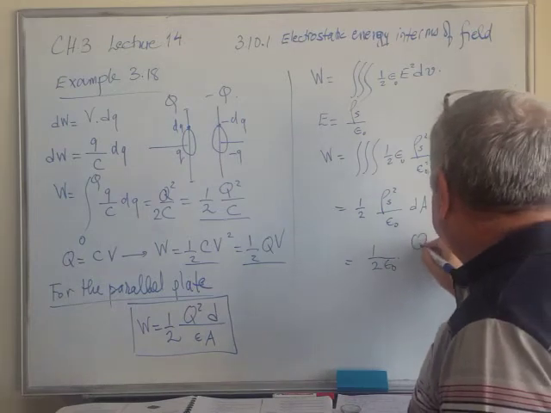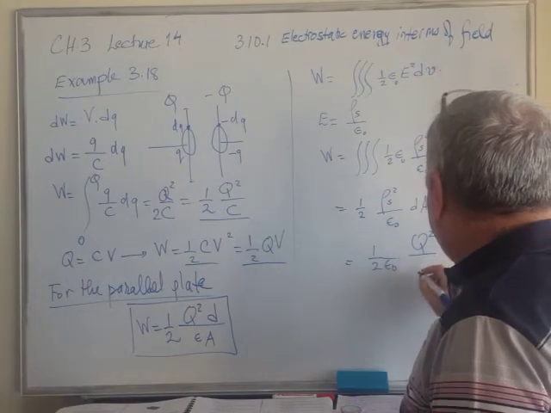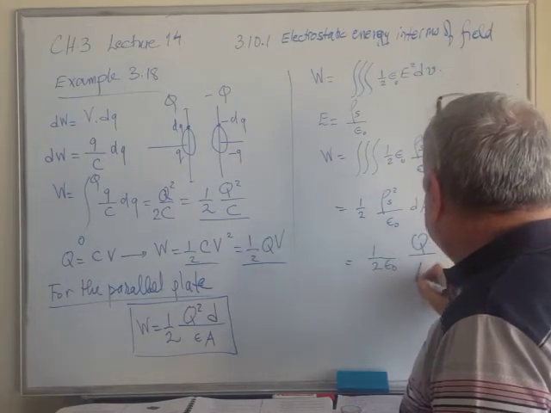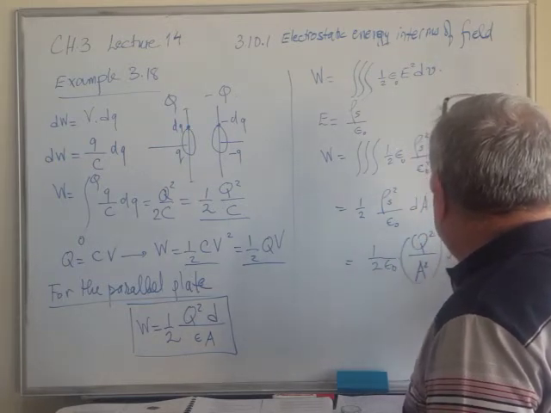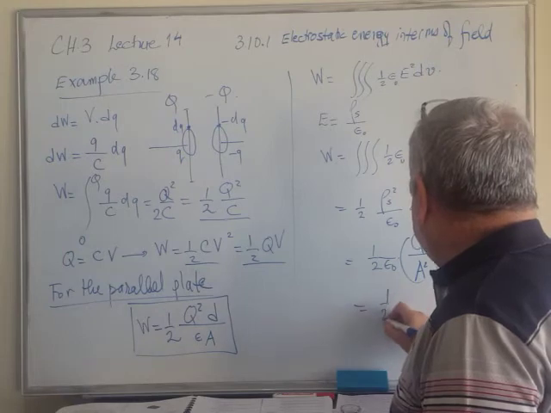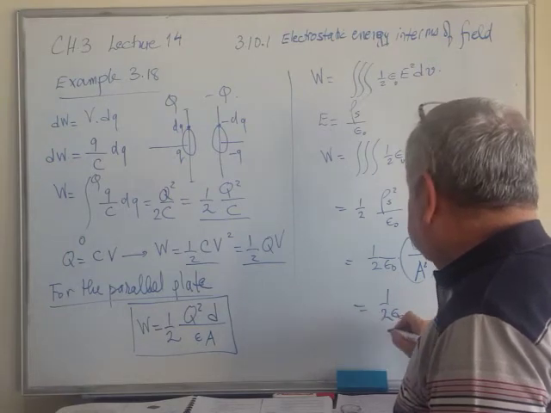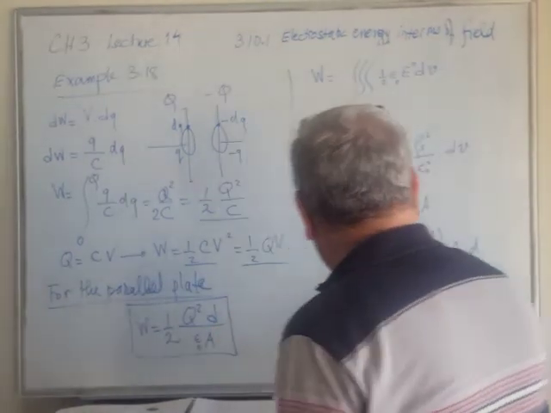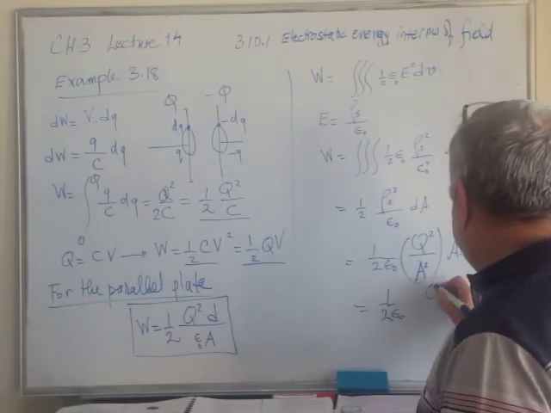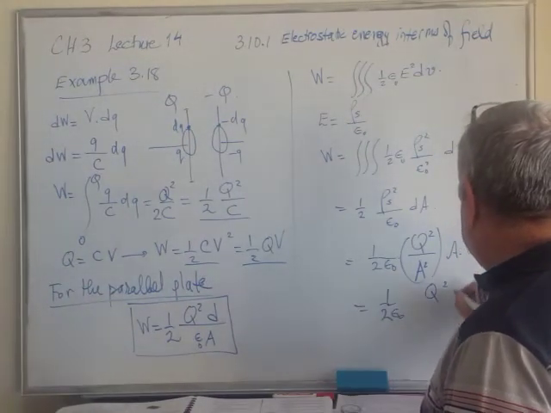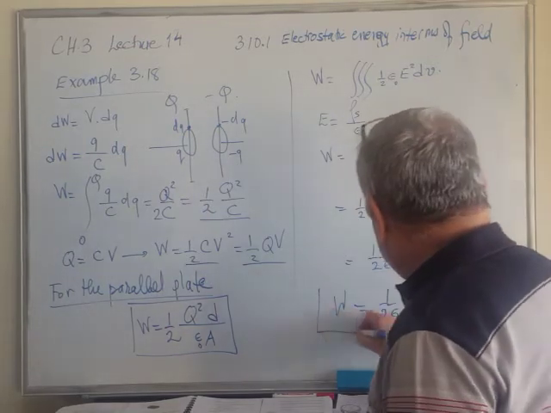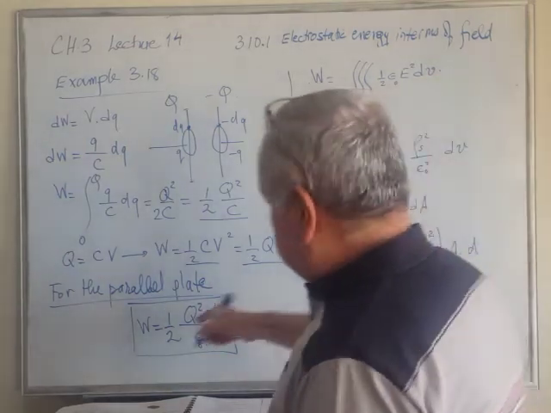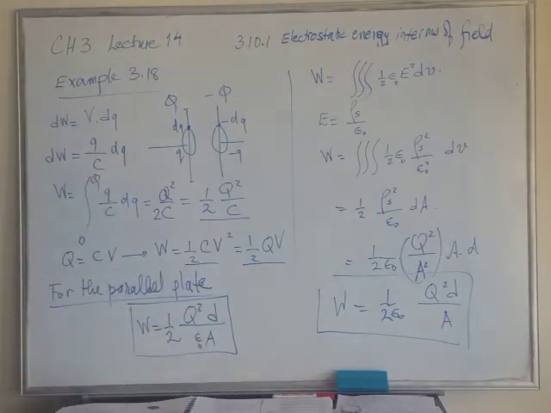So that is half Q squared over A squared times A times D over epsilon 0. So that will be half Q squared times D over epsilon 0 A. If you compare this one to that one, you will obtain the same thing.